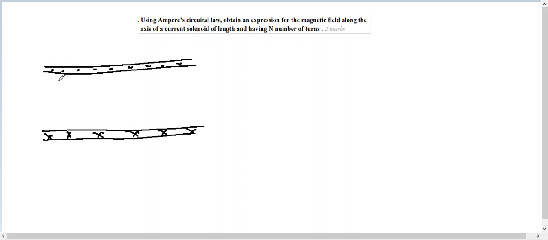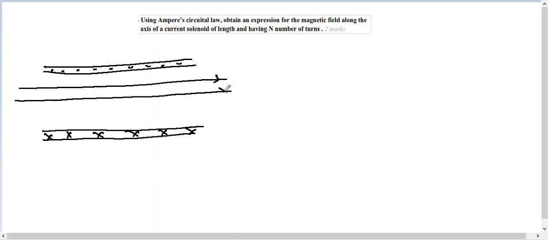Inside, the magnetic field lines are the strongest, so we represent them by straight lines B. And as I have just said, the magnetic field outside the solenoid is 0.